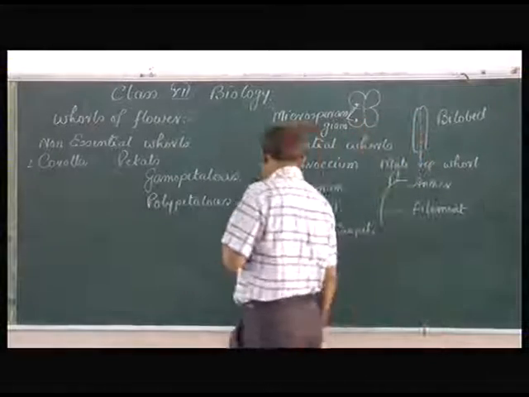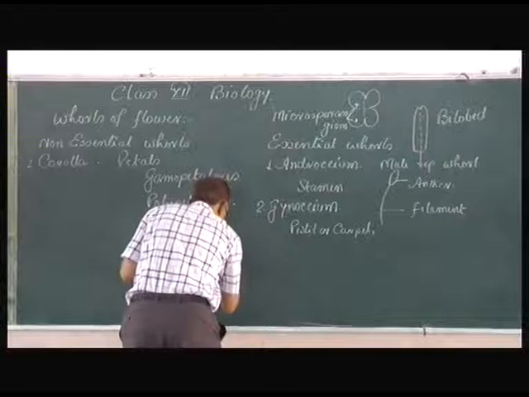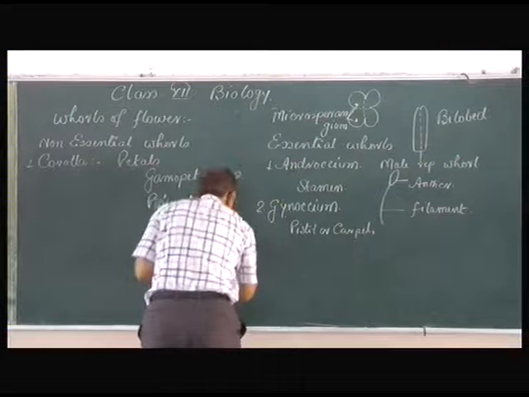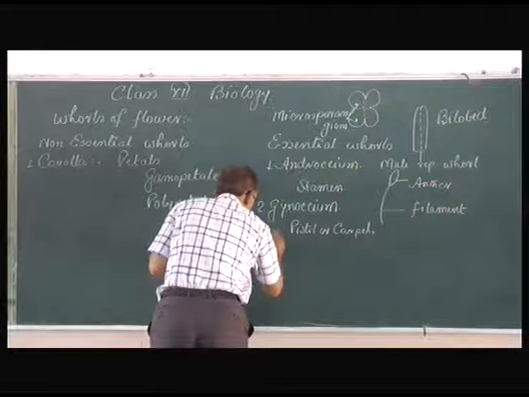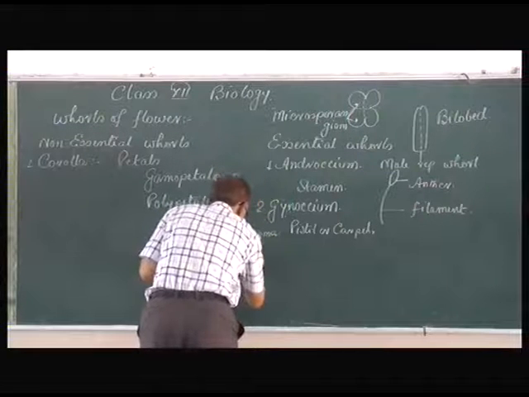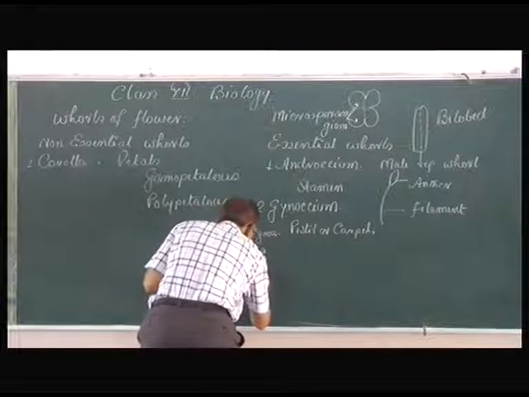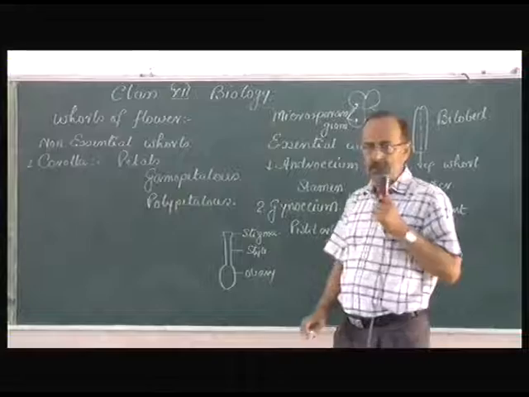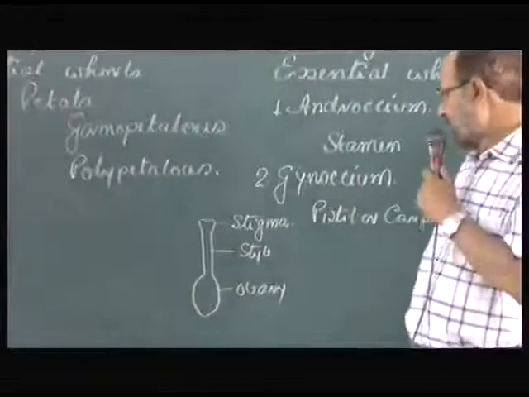The carpel consists of 3 parts. All right. The pistil is a flask-shaped structure consisting of 3 parts.